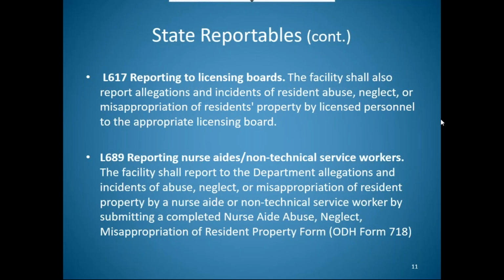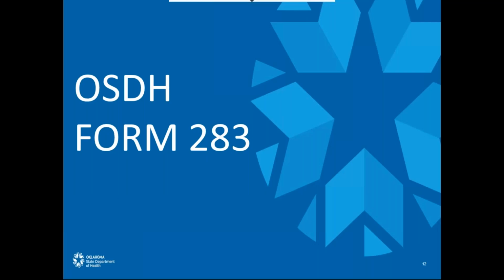I did send a copy of this, so you should have it in your packet for this presentation so that you can review it. Whenever we get these, and they should be sent in with the initial reporting that you do, then our department sends them on to legal, who then determines whether they will do an investigation or send it on to the Attorney General.